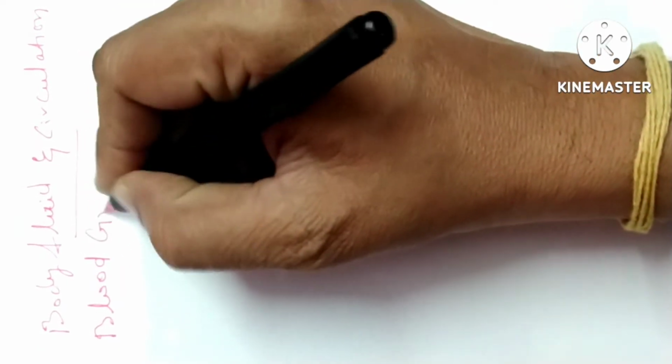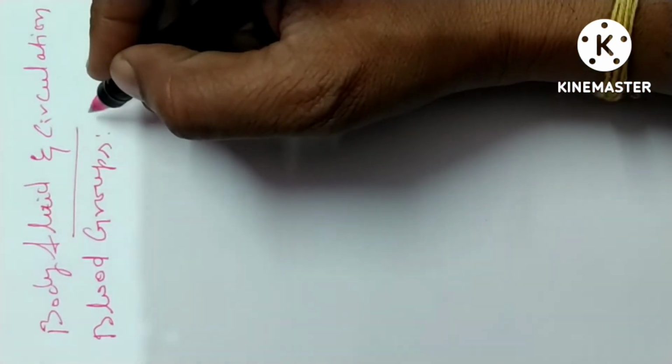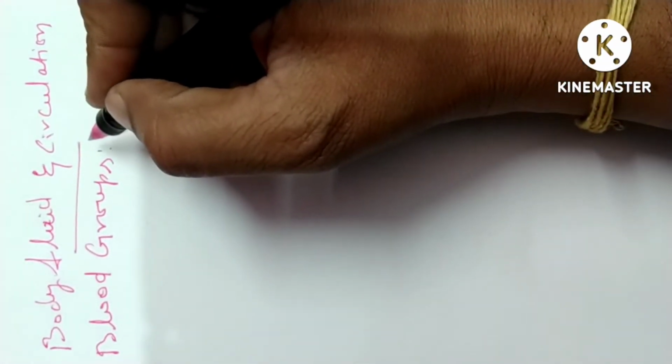Blood group is also called ABO blood types.